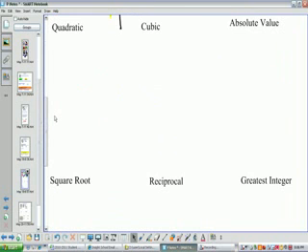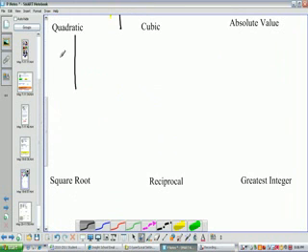Okay, a couple more functions. The first one I want to talk about is a quadratic, or sometimes your book calls it a squaring function. These will look like that.